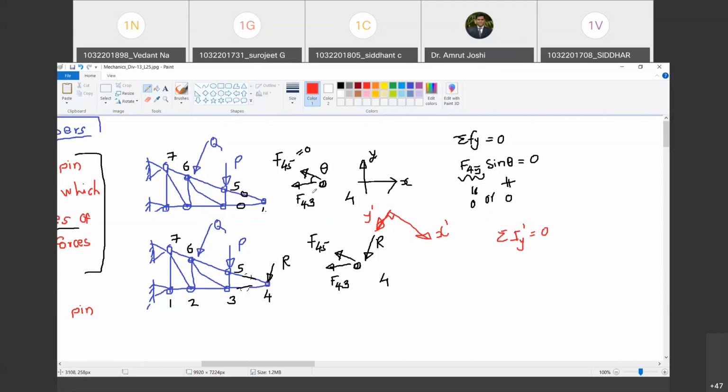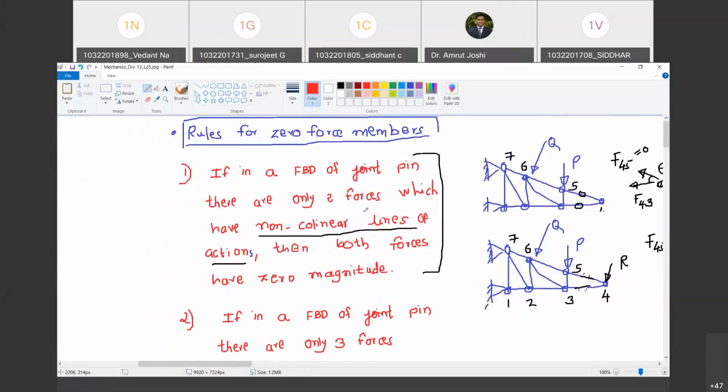Let me say the angle made by F43 with x dash is phi. So summation Fy dash equal to 0 will give me F43 sin phi must be equal to 0. So that will yield F43 must be equal to 0. So have I proven the point?